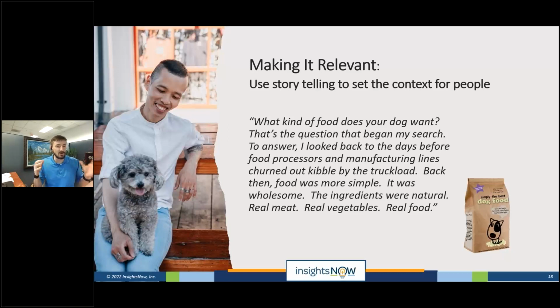Really, I wanted to answer and understand all of these pieces, right? The ingredients were natural, real meat, real vegetables, real food. This type of setting then helps make it relevant for people, and making sure that we're talking to people who value the real meat, real vegetables, real food mindset for their pets.